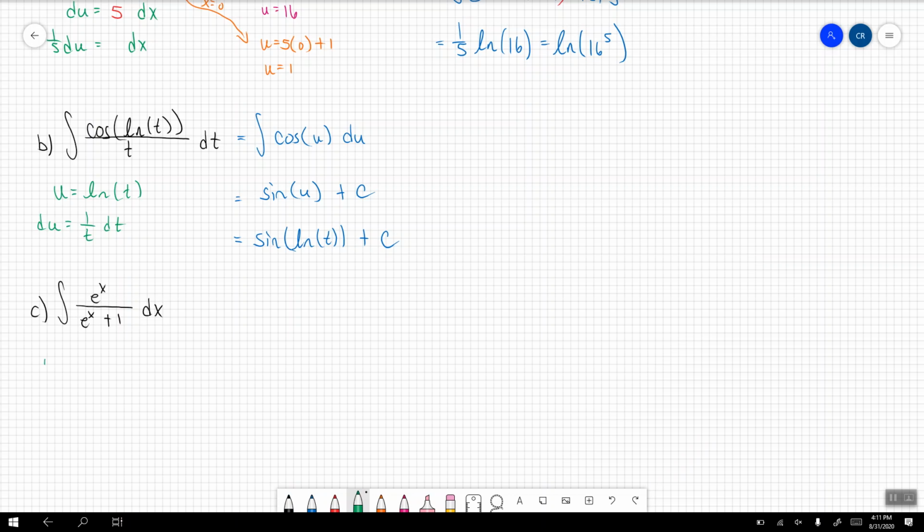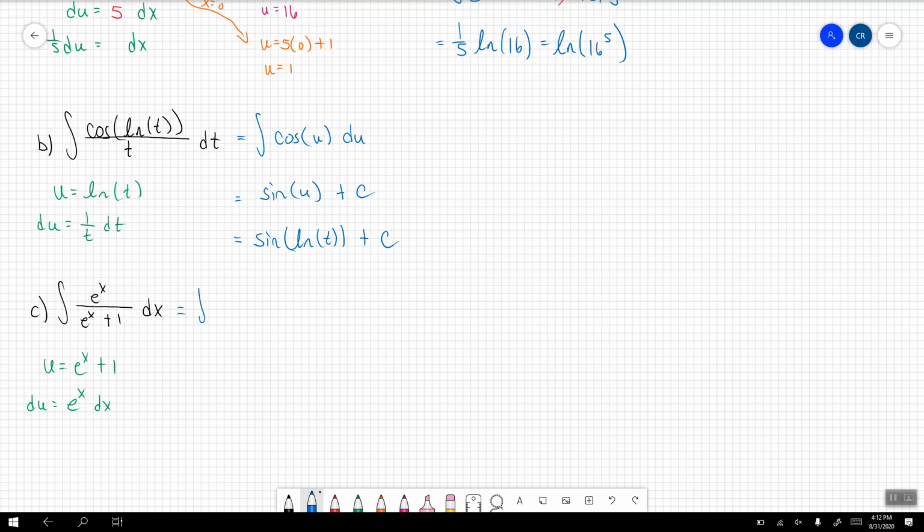So in this particular case, I am going to say that u is equal to e to the x plus 1, because when I look at the derivative for that substitution, I'm left with du is equal to e to the power of x dx, which again tells me that e to the x dx, here found in my numerator, or in that integrand, I'm able to make that substitution.